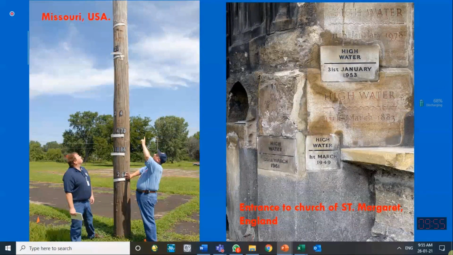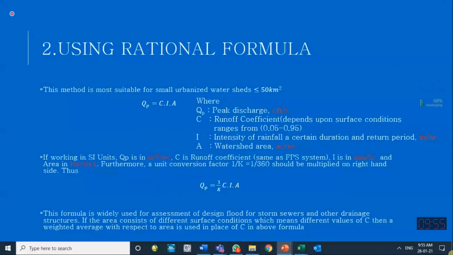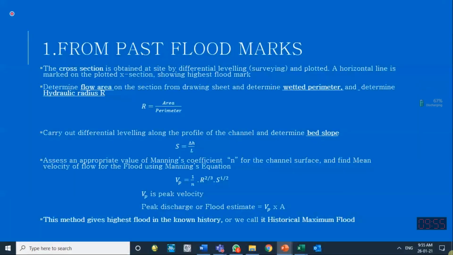This is used if you have no recorded flows and you have only the flood marks. Sometimes such flood marks are not there. This is important, and most of the time it will happen: these flood marks are also not recorded by the local people. Then you have to visit the area and ask the people with higher ages, 60s plus, what was the maximum level of flood in their lifetime in that area.